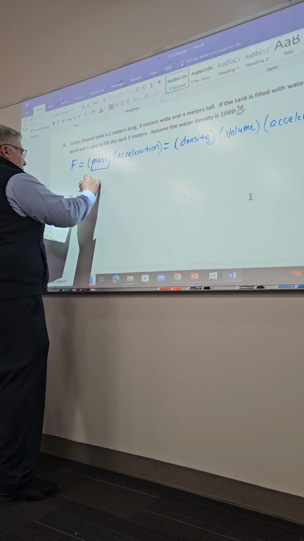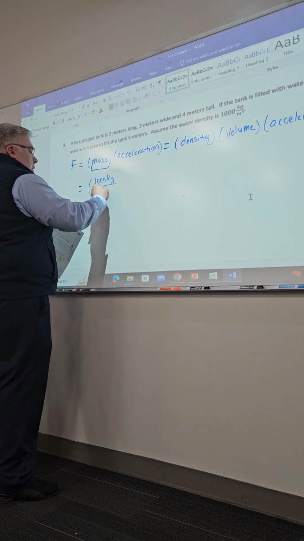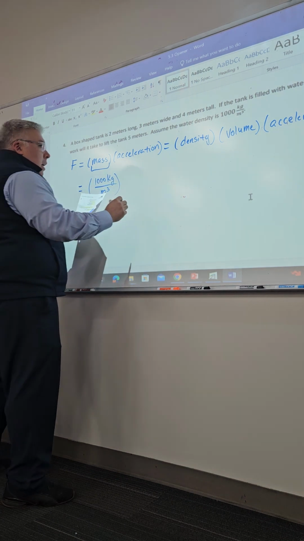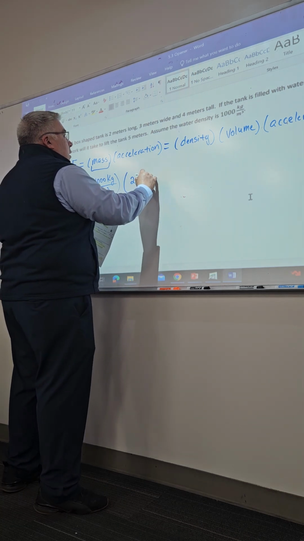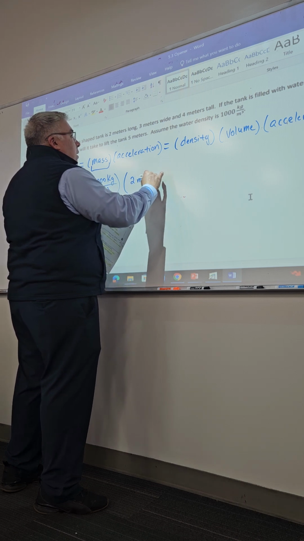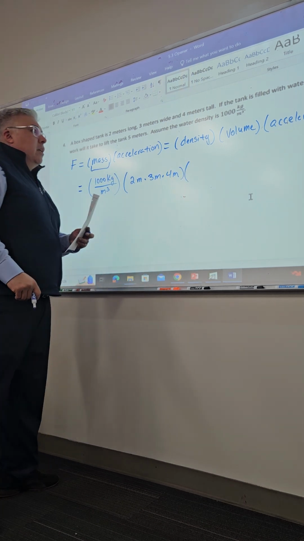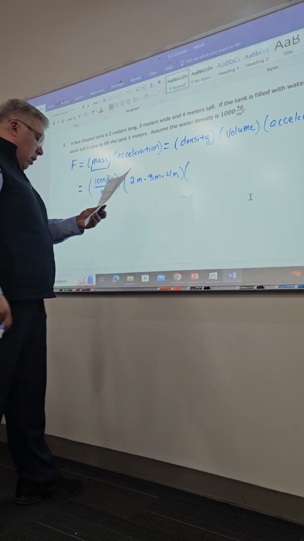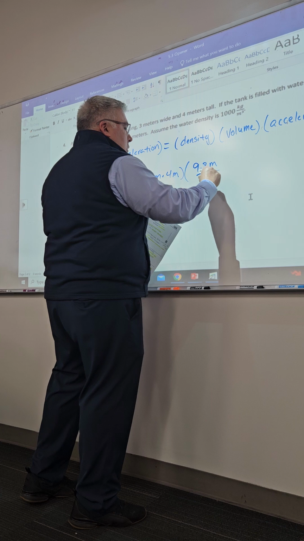We're gonna get the density, they gave that to us, it's 1,000 kilograms per meters cubed, times the volume, which is gonna be 2 meters times 3 meters times 4 meters, times the acceleration, which again is gonna be 9.8 meters per second squared, okay?